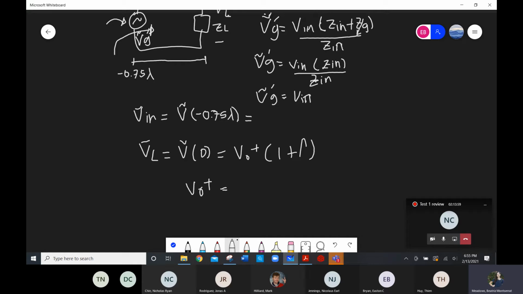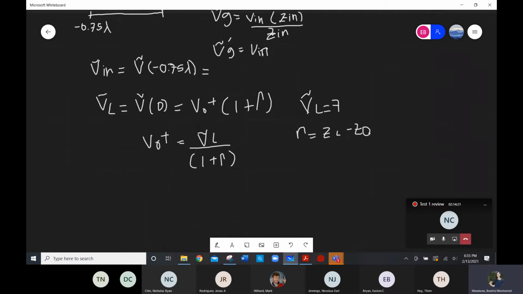We learned this many years ago, I hope so. And I know everything here. So VL, if you don't remember, it was 7. Gamma is ZL minus Z naught over ZL plus Z naught.